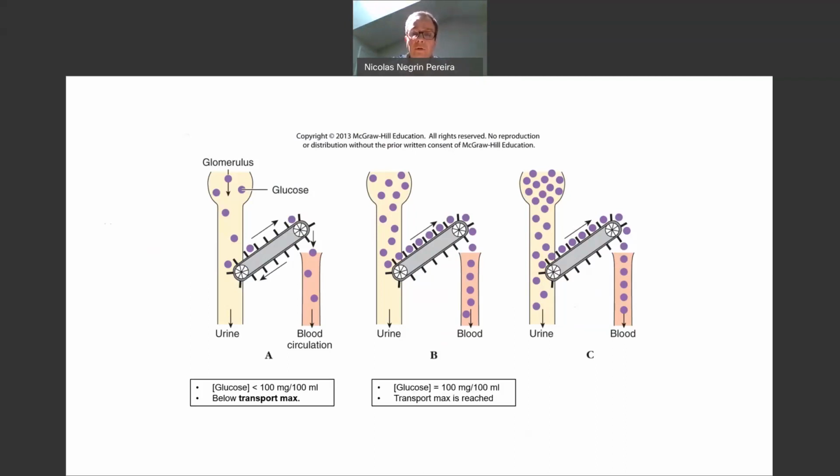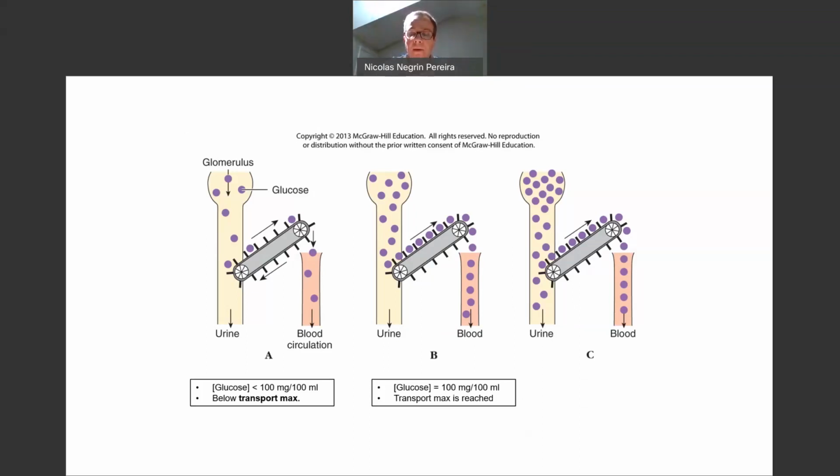Now, when glucose concentration in blood matches the maximum transport capability of the kidney, or threshold, which is 100 milligrams per 100 milliliters, we see that still the kidney can cope with the reabsorption of 100% of the glucose present in the fluid that has been filtrated.